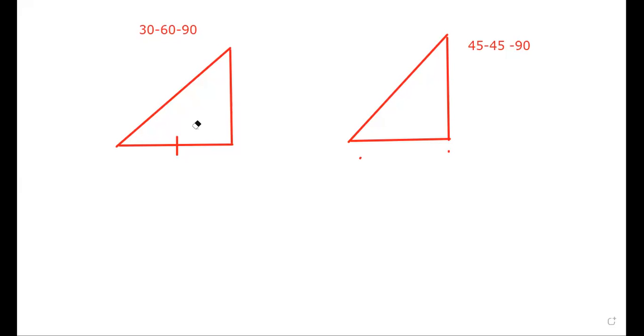So 30, 60, so it will be the side opposite to 30. It will be half the hypotenuse. So we can say x, 2x, and x root 3. But with isosceles, it will be x and x and x root 2. I'm sorry, x and x root 3.